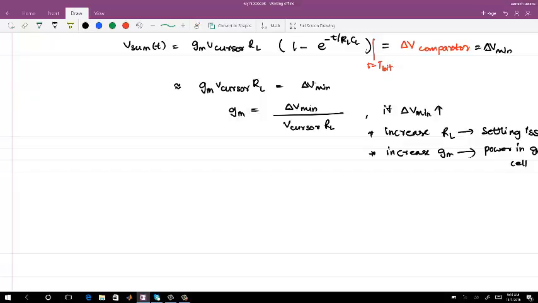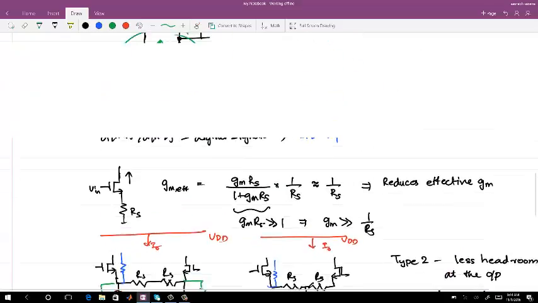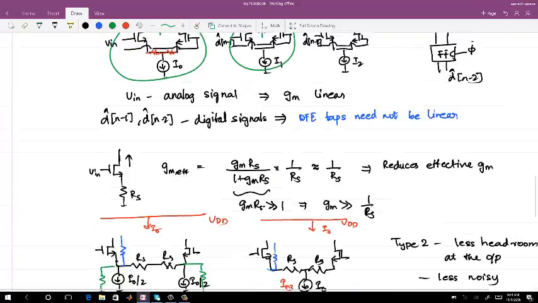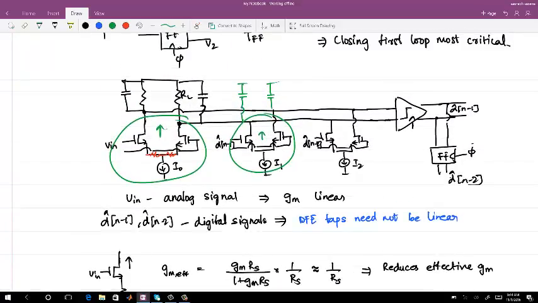So we use D hat as 1 volt only. So this is the input pair. That's why I wrote here that D hat of n and D hat of n minus 2 are digital signals, and those digital signals will mostly be working at the supply voltages. Will it increase or decrease the headroom?